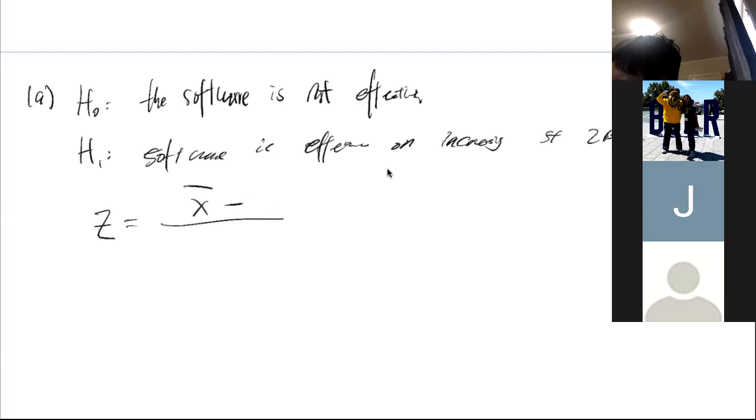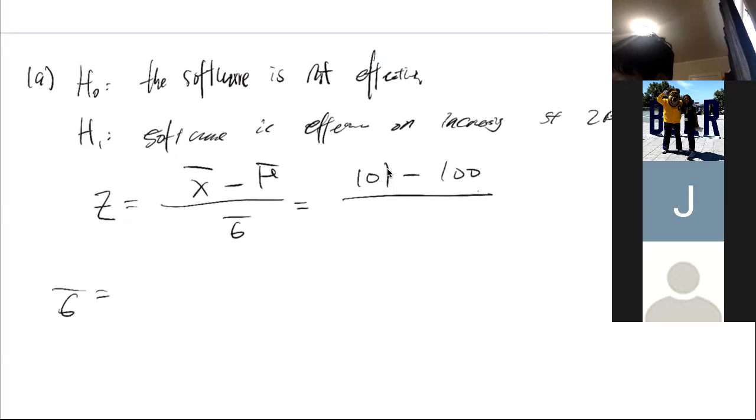So it's x bar minus mu divided by sigma bar, which is 101 minus 100 divided by, so remember, sigma bar is equal to sigma over square root of n, so that's 15 over square root of 144, and that gives you 0.8.